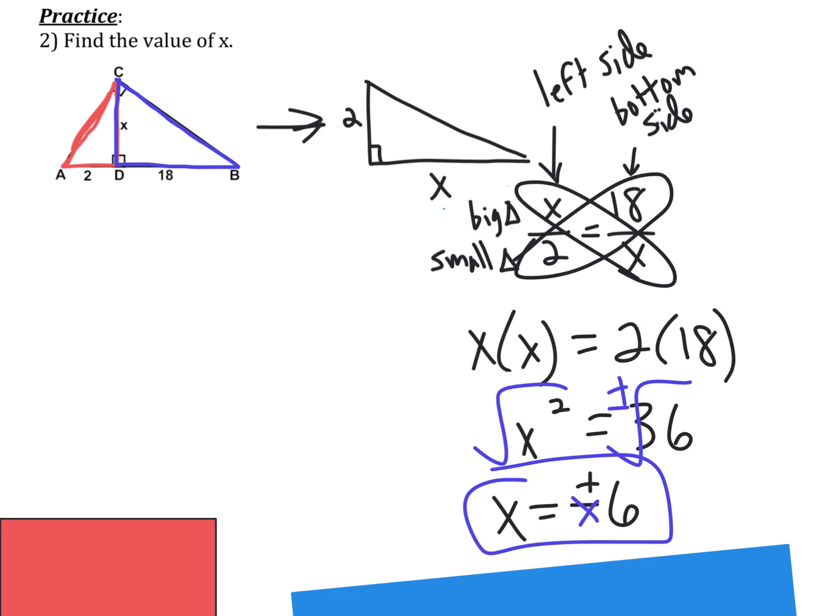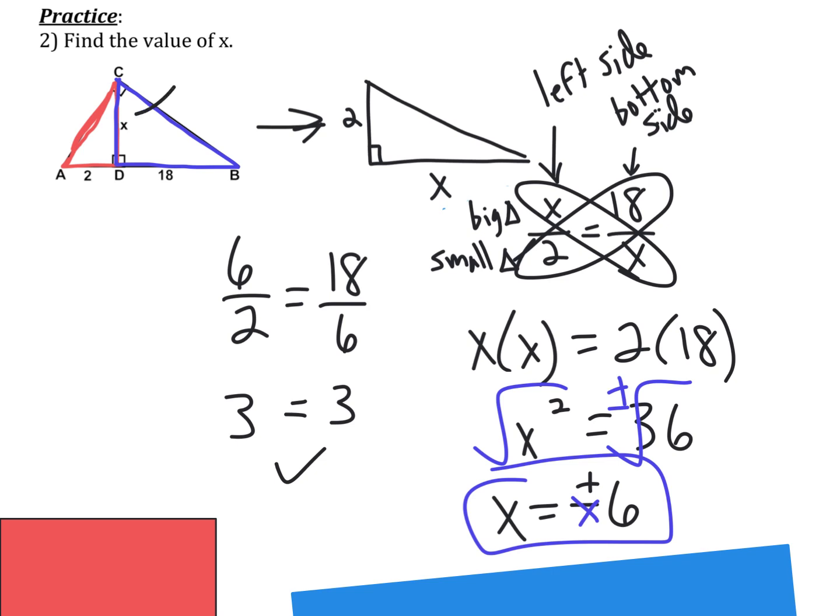So x equals 6. If you substitute that back into the proportion, you've got 6 divided by 2, which is 3, and 18 divided by 6 equals 3. So we should be in good shape. We can also look at the picture and see if 6 seems reasonable compared to the other given lengths, and it looks pretty good.